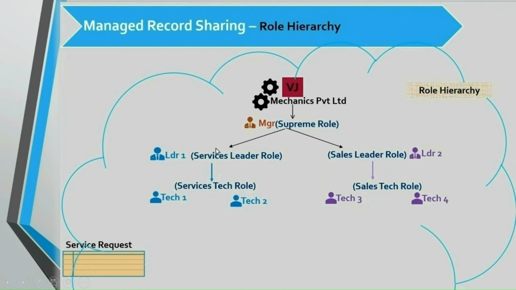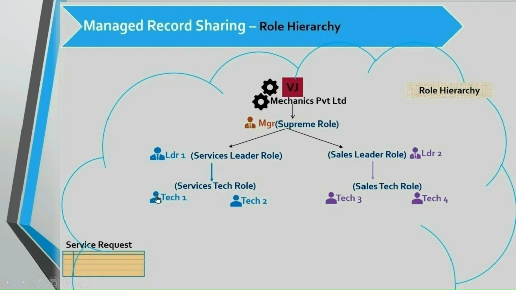And for each user, we would assign the individual roles. Like for LDR1, the respective role is services leader role. And for LDR2, the respective role is sales leader role. Under services tech role, we have Tech 1 and Tech 2. Tech 3's and Tech 4's role is sales tech role.